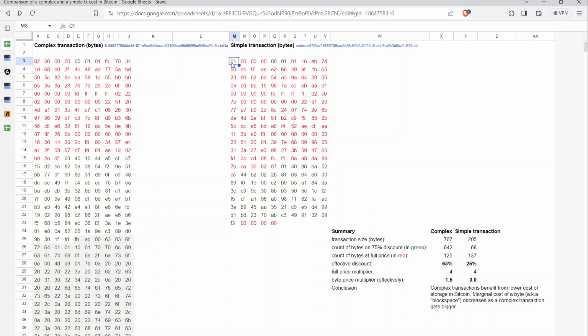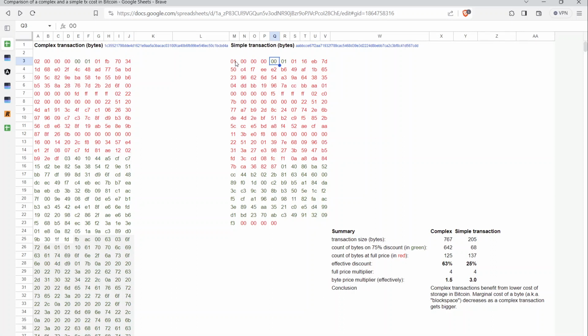You have to pay a full price per byte for some of them in red, or you can pay just a quarter of the full price. So we say that there is a 75% discount for some of the bytes. The discount was introduced with SegWit in 2017.